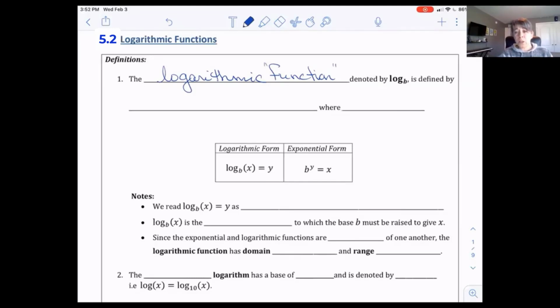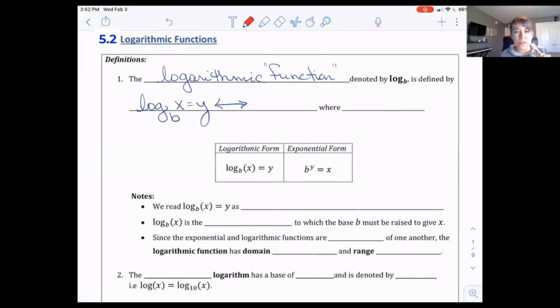It's denoted by log where there's a base b, and it's defined where if you have log with the base written as a subscript below, of some argument x equals y, that can be written in exponential form. Now I call this the swirly-do definition.